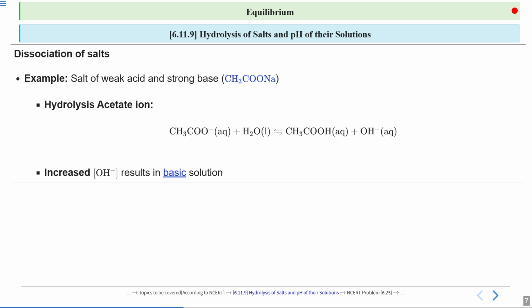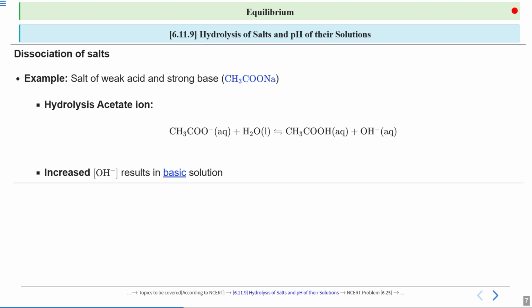And this increased hydroxide concentration will result in a basic solution. I hope you are now able to understand how a salt changes the pH from neutral to a basic one in this case, and you will see a case where it is converted to an acidic one as well.